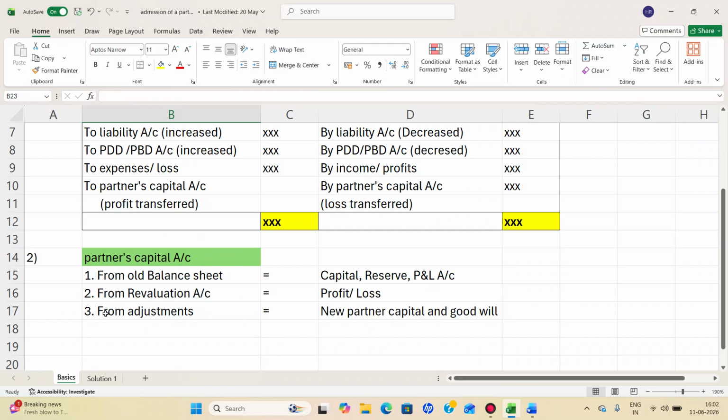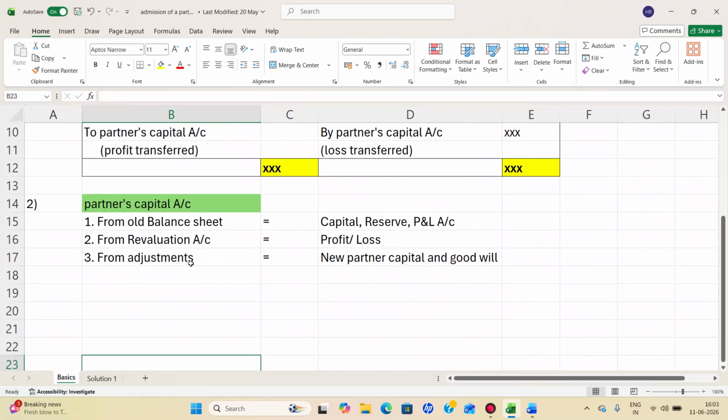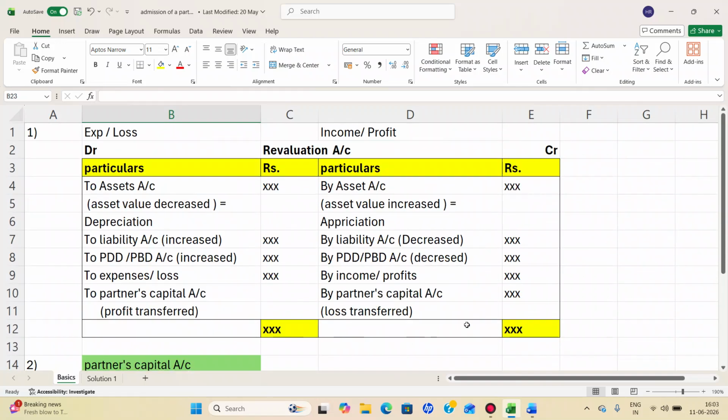Next, from adjustment: if there is any adjustment in the problem, that is new partner's capital and goodwill. If any new partner brings any capital and goodwill, we write it in the partners' capital account. Likewise, let us see the first problem.